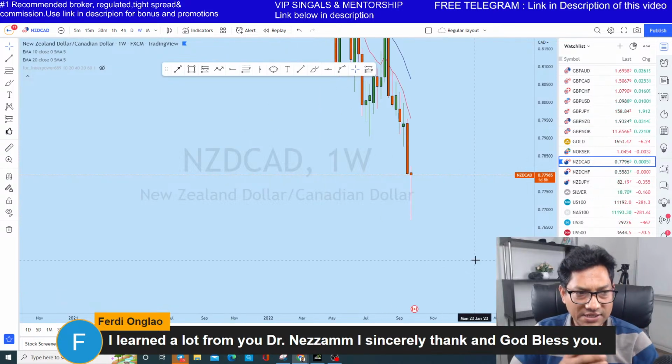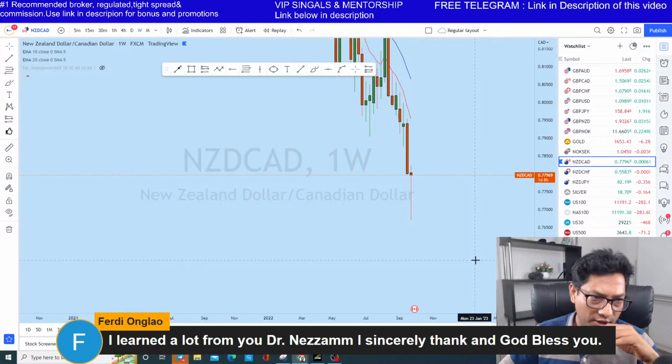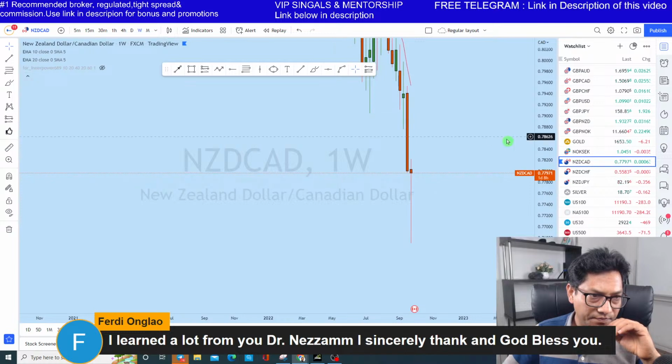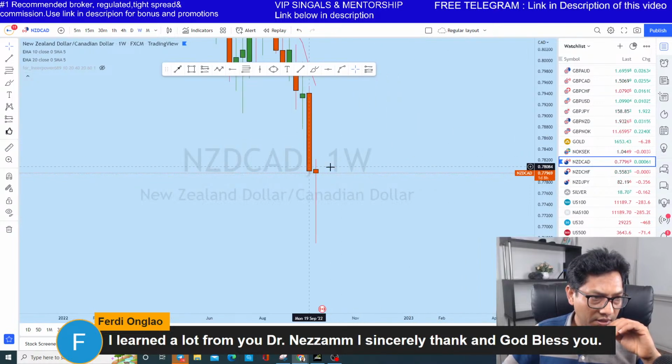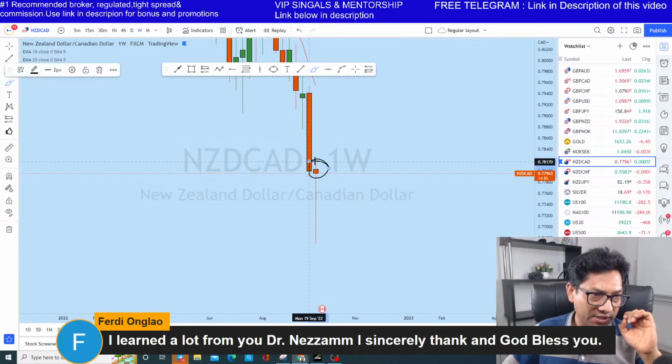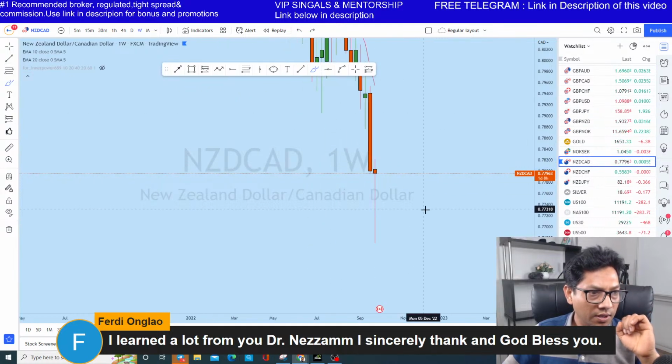What I think, guys and girls, about NZDCAD is, if it fulfills some conditions, that will happen. Tomorrow is the last day of the trading week. If NZDCAD remains, I think this weekly candle might close like that as a doji, as a hanging man.